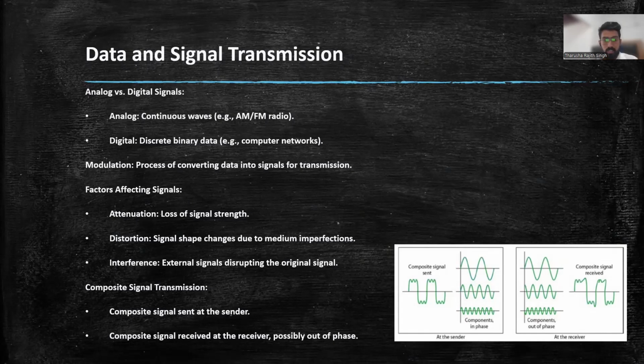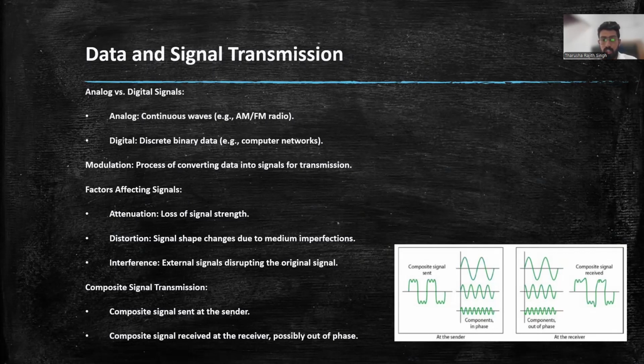Factors affecting signals. Attenuation refers to the loss of signal strength as it travels through a medium. Attenuation can be caused by distance, obstacles, or the properties of the transmission medium. Distortion occurs when the signals change shape due to imperfections in the transmission medium.